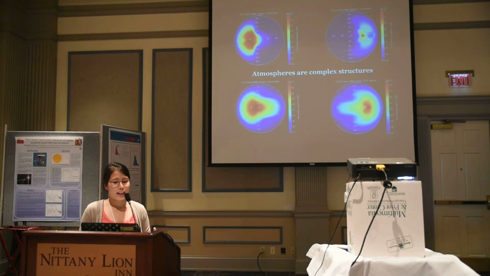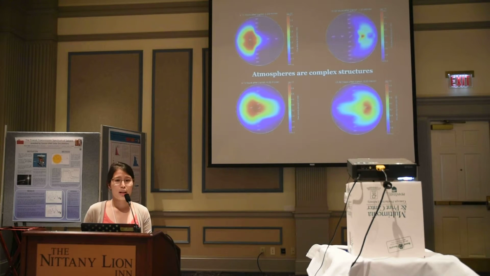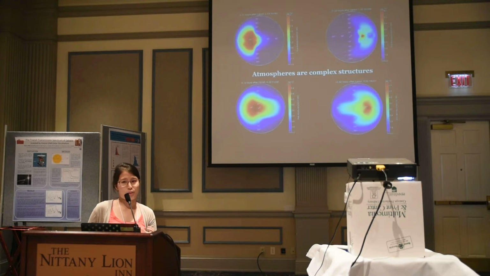So what you can hopefully garner from this is that these atmospheres are really complex 3D structures, but when we're trying to retrieve information about the compositions and the pressure temperature structure, we're treating it as a 1D retrieval.